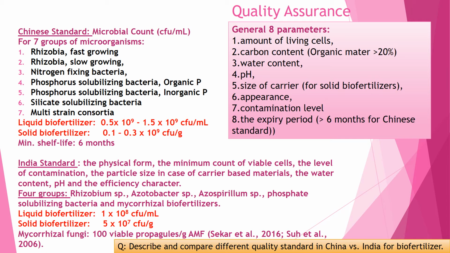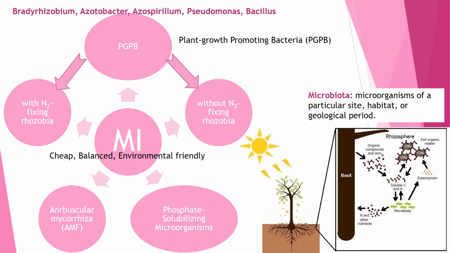Appearance means it cannot be too smelly or too dark in color; the color also has control. Contamination covers both pathogens, for biohazard, as well as heavy metals, for example lead and so on. And of course the expiry date, which in China has to be greater than 6 months, at least 6 to 12 months, to be qualified as a biofertilizer.